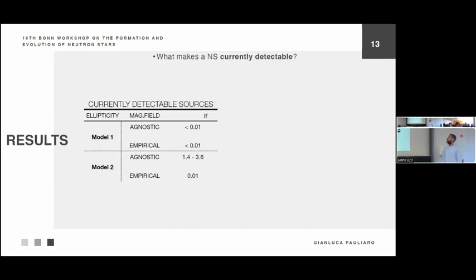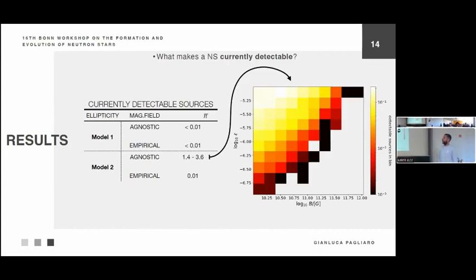If we look a little more closely at the characteristics of these objects, you see this plot here. On the x-axis you have magnetic field, on the y-axis you have ellipticity. I binned this two-dimensional parameter space, and the lighter the color, the more objects fall in that portion. And what you see is something we were expecting.